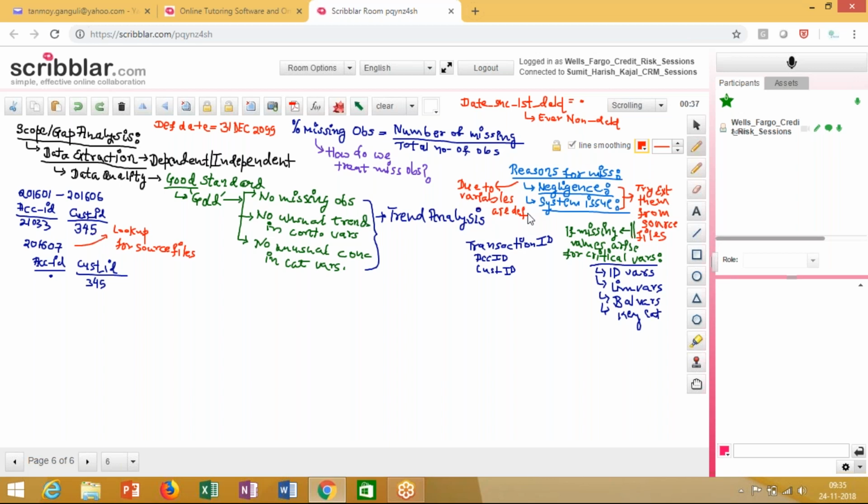Now there can be many such variables like this. Not only date since last delinquency, there can be variables like the payment balance ratio. So what is this payment balance ratio?